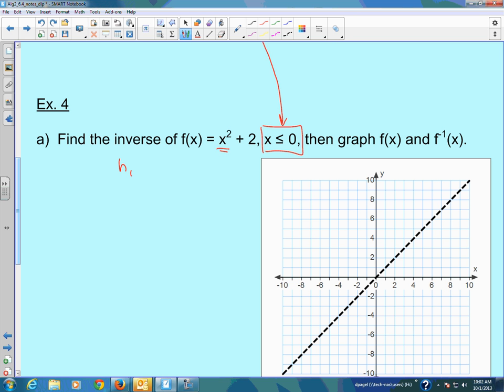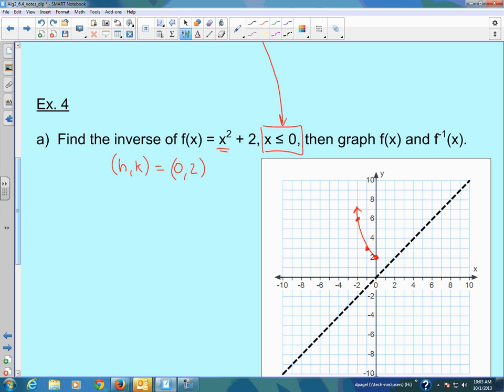If we remember things from our parent functions and our transformations, we know that this has a vertex of 0, 2. The graph is simply slid up the y-axis by a value of 2. And then if we were to use our normal parent function movements, from 0, 2, I would go left 2, up 4, and left 1, up 1. And I'd have that.